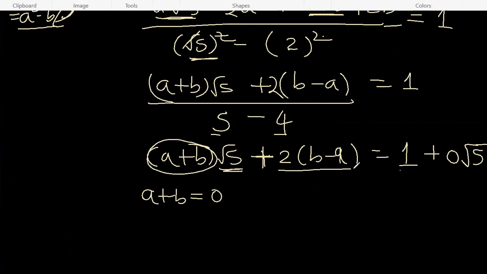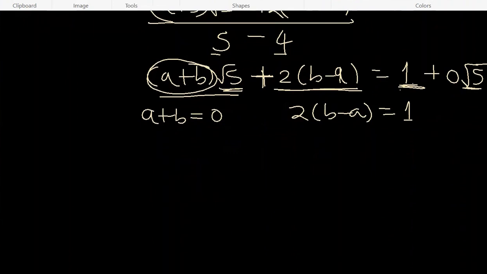And a complete number like this will never become a surd. So that means 2b minus a is definitely equal to 1. So I compared the integer parts with the integer, and the surd part with the surd. They don't mix up once they are simplified.